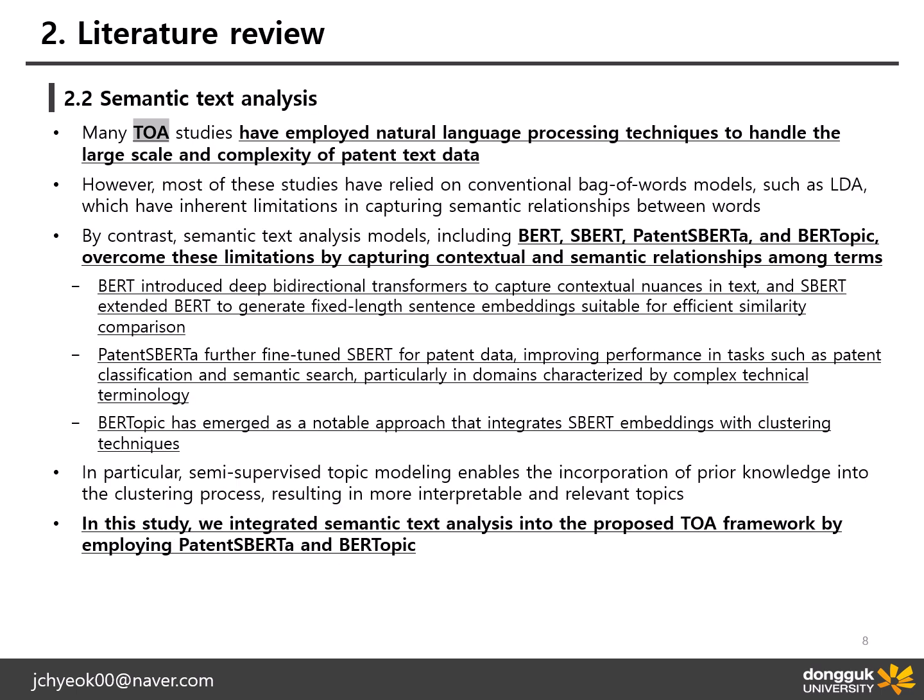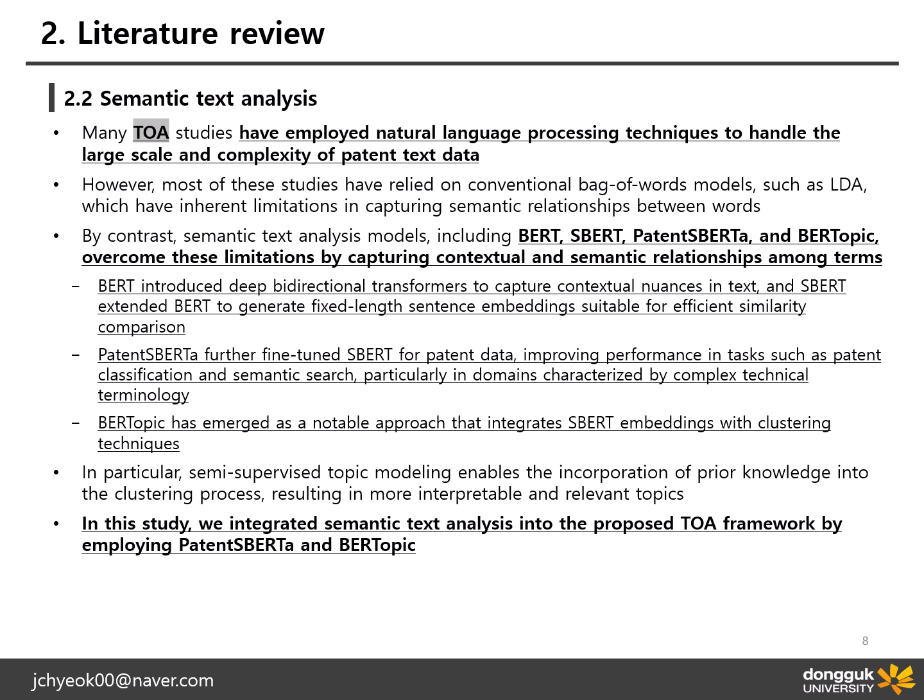Many TOA studies use NLP to analyze large-scale patent text, but most rely on bag-of-words models such as LDA, which are limited in capturing semantic relationships. In contrast, transformer-based models incorporate contextual and semantic information, enabling more meaningful analysis.